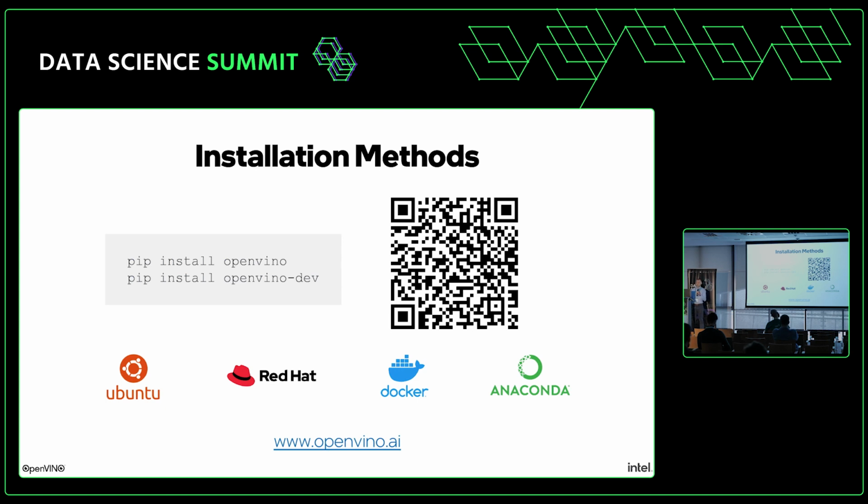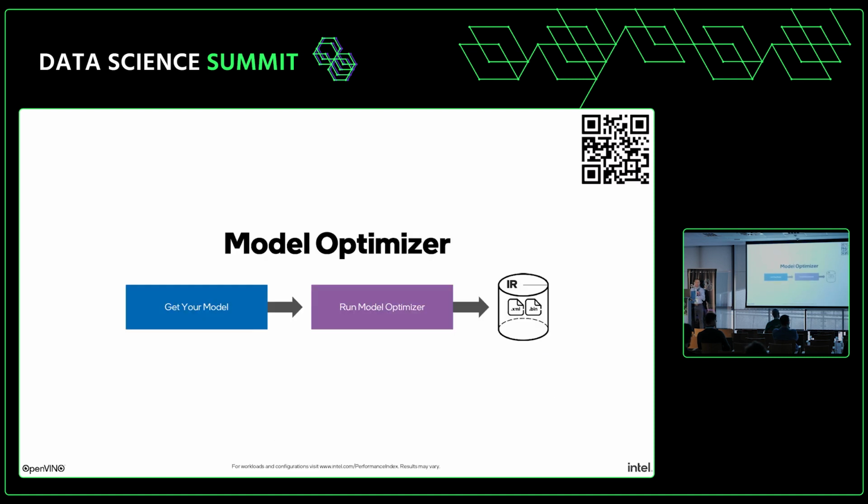The second step is to use Model Optimizer. Model Optimizer converts your model from original framework like Keras, TensorFlow, PyTorch into intermediate representation, which consists of two files, XML with architecture and binary file with weights and biases.